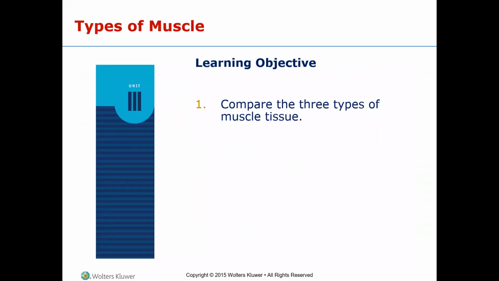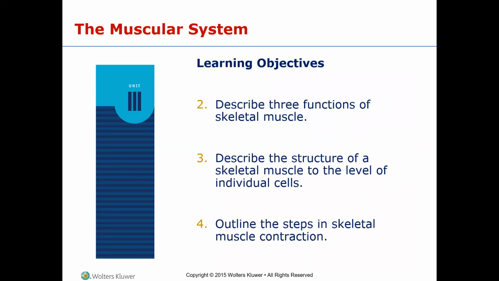And if we look at the learning objectives, you will be responsible for comparing the three different types of muscle tissue, which I'll go over in a moment, describing the functions of the skeletal muscle, and then the structure of skeletal muscle down to the individual cells.